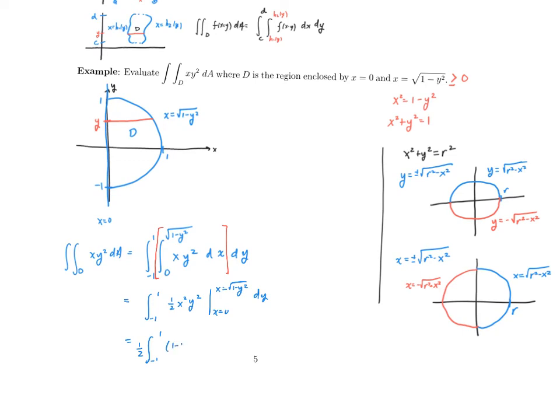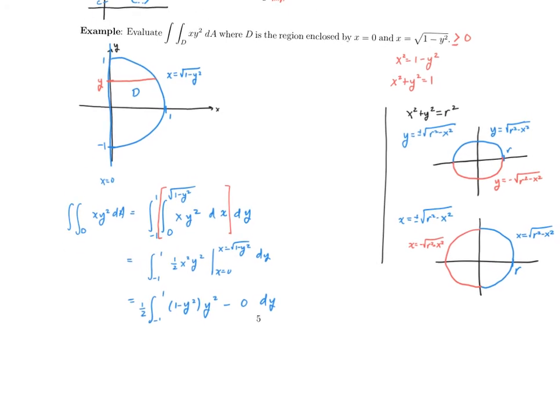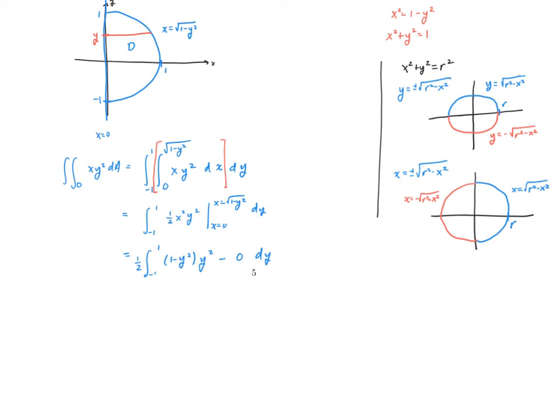When you square a square root, it goes away, and what you get when you plug in 0 is simply 0. So we have the 1/2, the integral from minus 1 to 1, y squared minus y to the 4th.